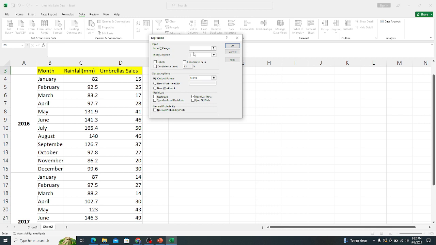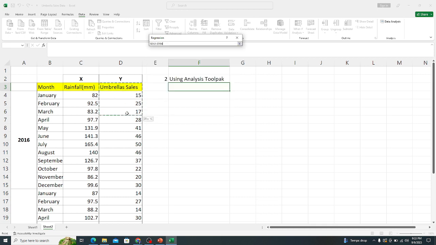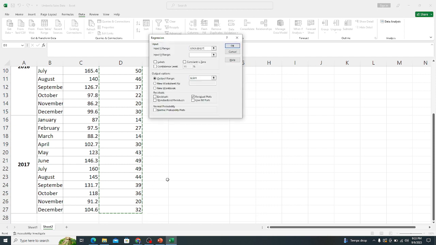So in that case, we are going to start with our Y range. You can either select only the data points, or you can also select with the label, but make sure you check Labels here. So we start with the Y input. Select the umbrella cells up to that point.